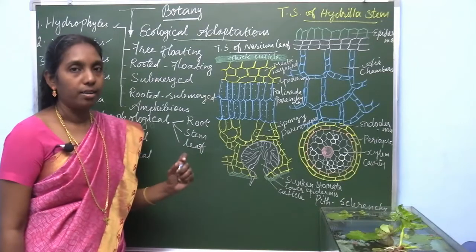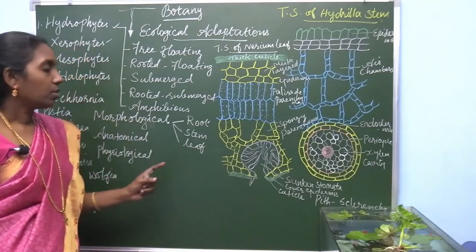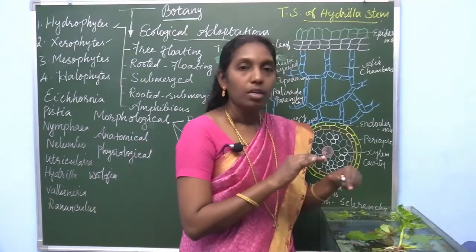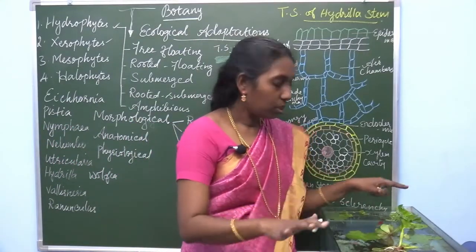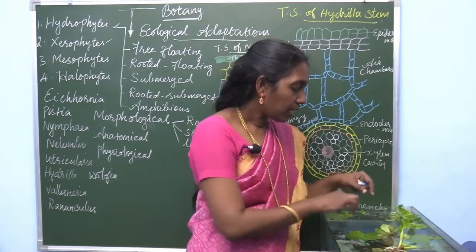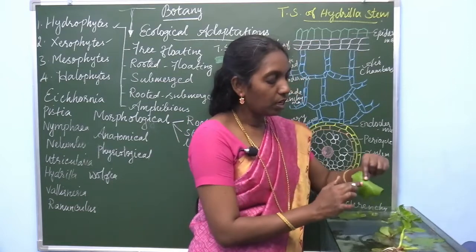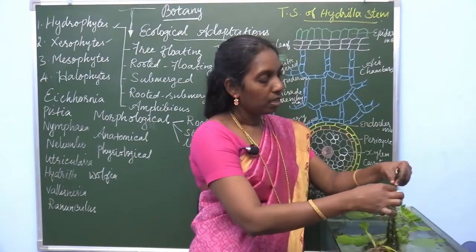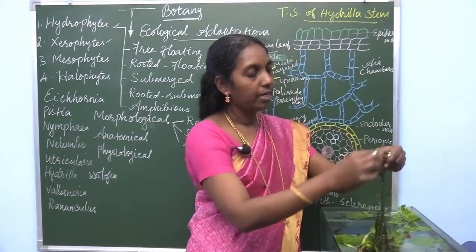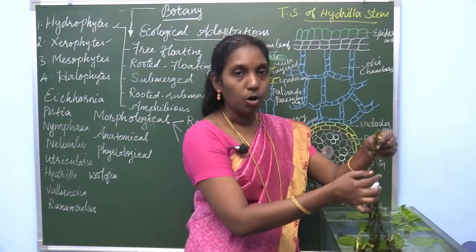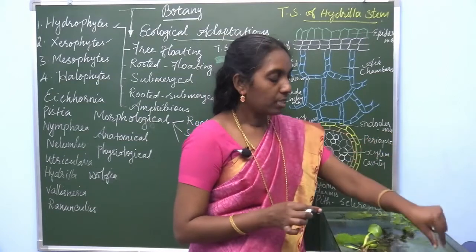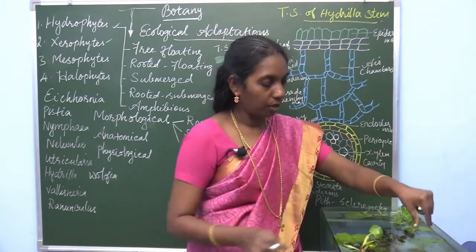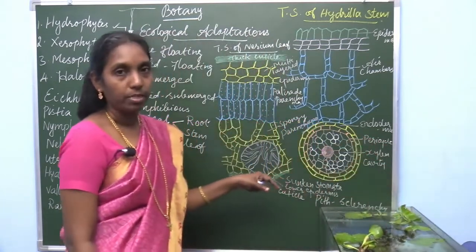What about the leaf? When leaves float on the surface, they are entire leaves. In Hydrilla the leaves are small, and sometimes very poorly developed as in Utricularia and some other forms.